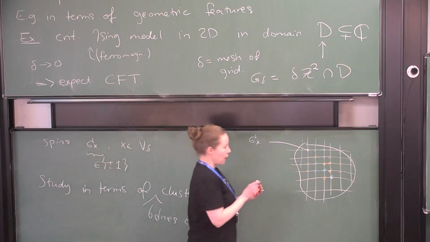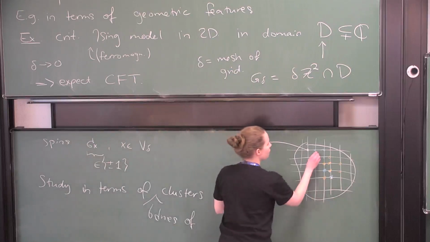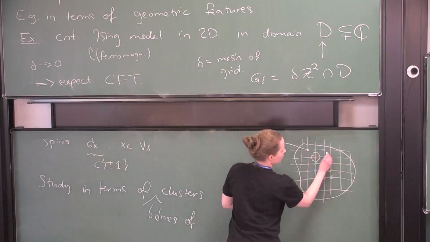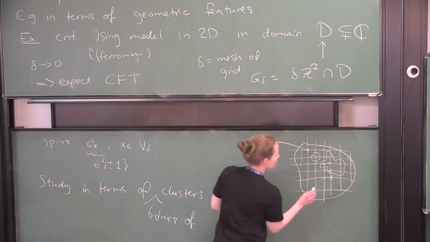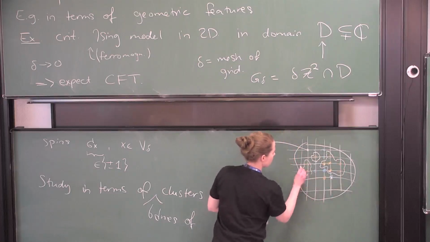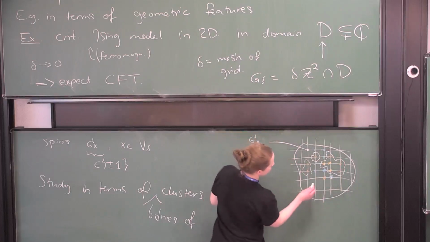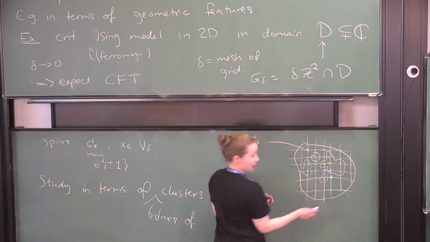So then what you will have is some kind of loops, which are supposed to live on the dual lattice, right? Etc.